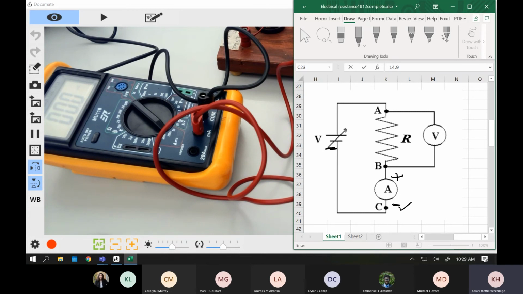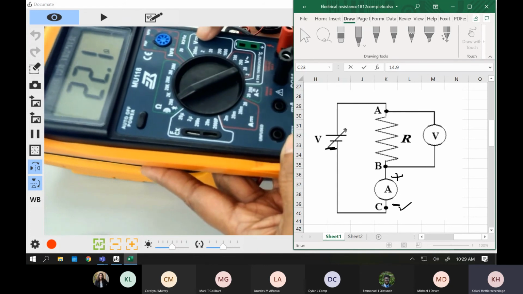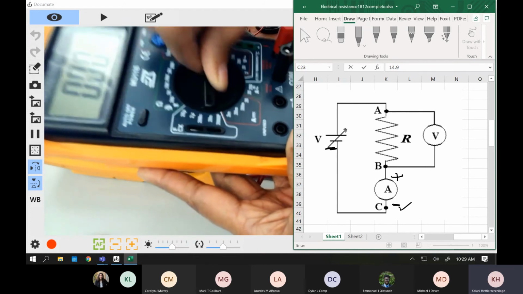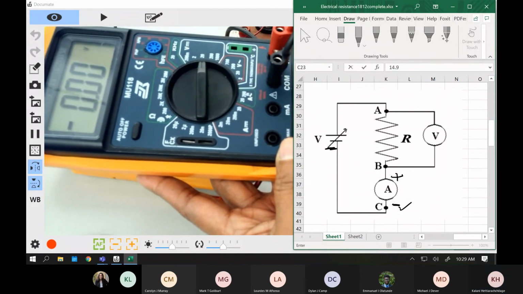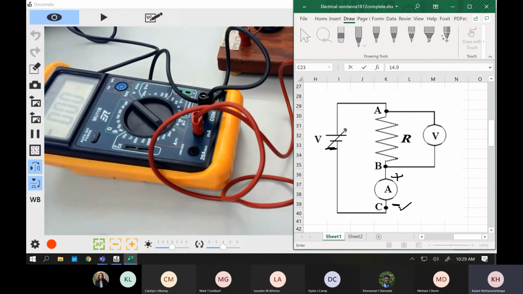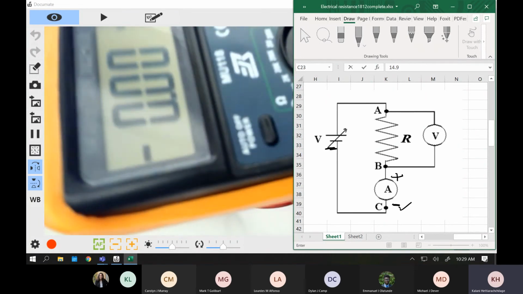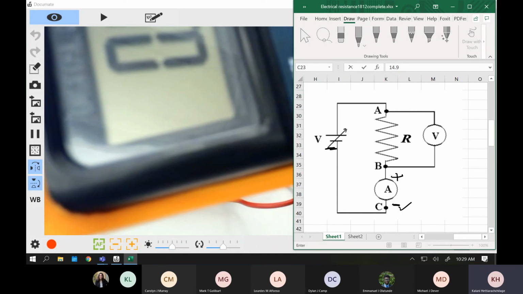So now you're going to dial your voltmeter to volt. You see the DC volt in here. So we're going to dial into voltage. We'll leave it at 20 volt. So usually the first number for everybody should be 0. You connect that into the two ends of the resistor.